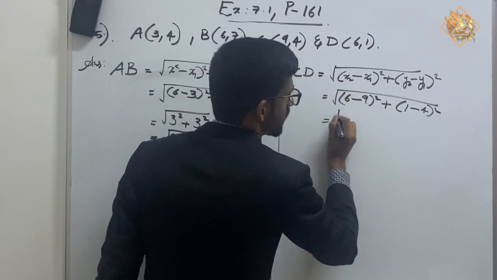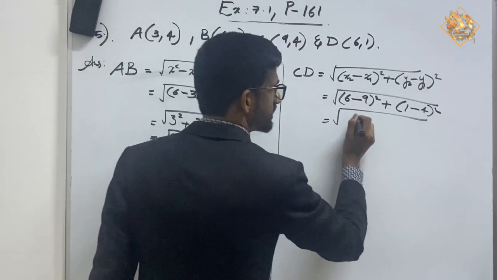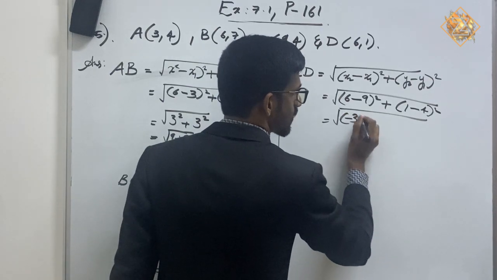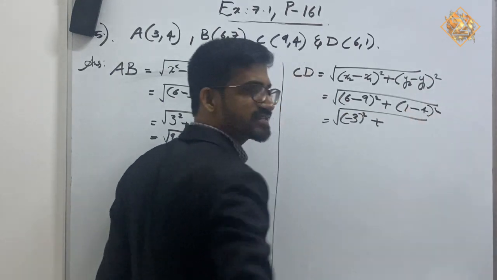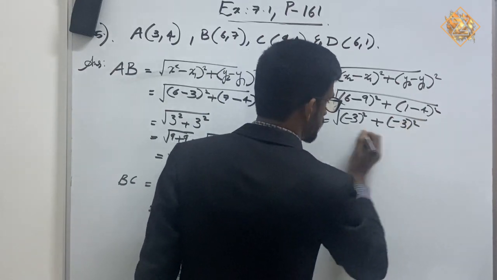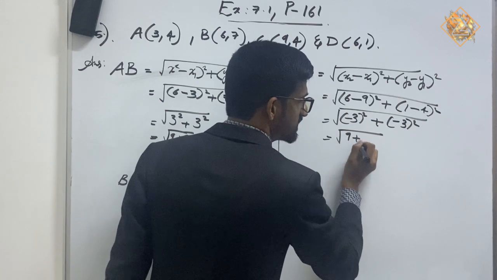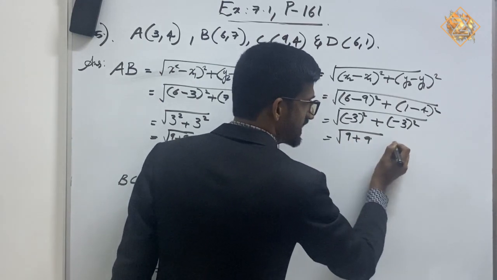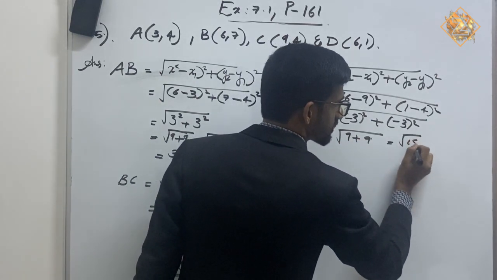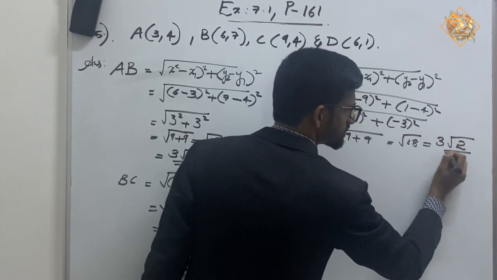So that is equal to what? 6 minus 9 is minus 3 square, plus 1 minus 4, that's again minus 3. So here also it will be minus 3 square, isn't it, students? So that's equal to what? Root of 9 plus 9, that is root 18, equal to 3 root 2.